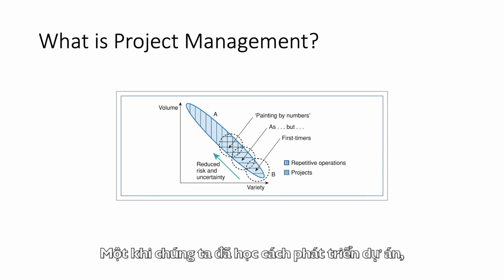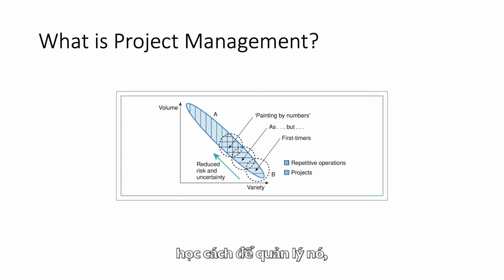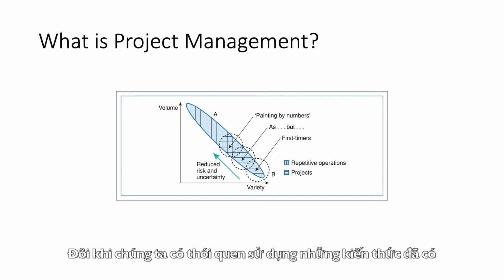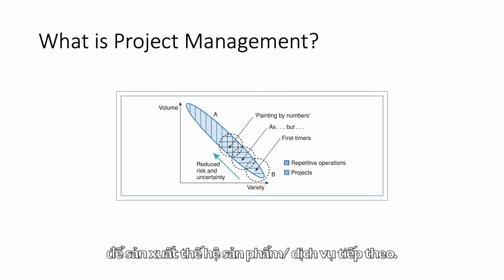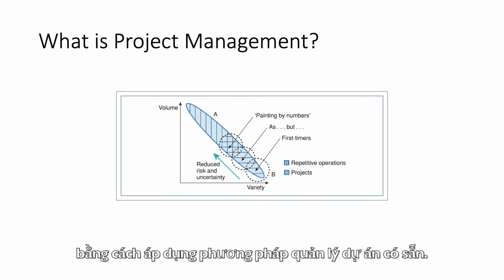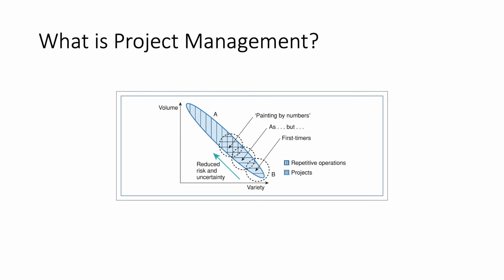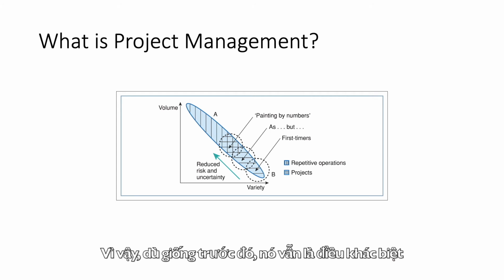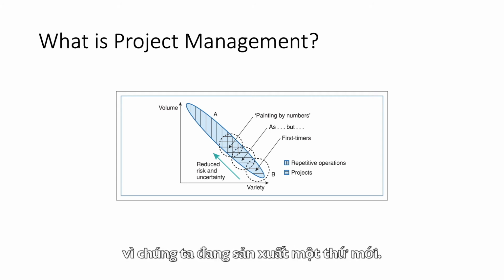In other words, once we've learned how to develop a project, how to manage it, we will oftentimes use the knowledge we've gained to do the next generation of some product or service, or something very similar by using the same type of project management methodologies. So it's as we did before, but it is different because we are producing something new.